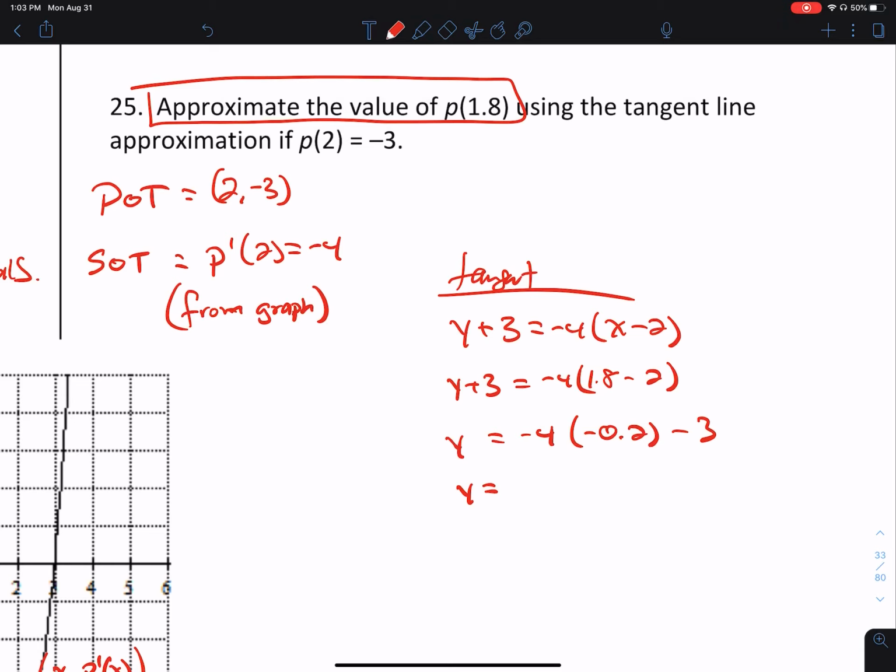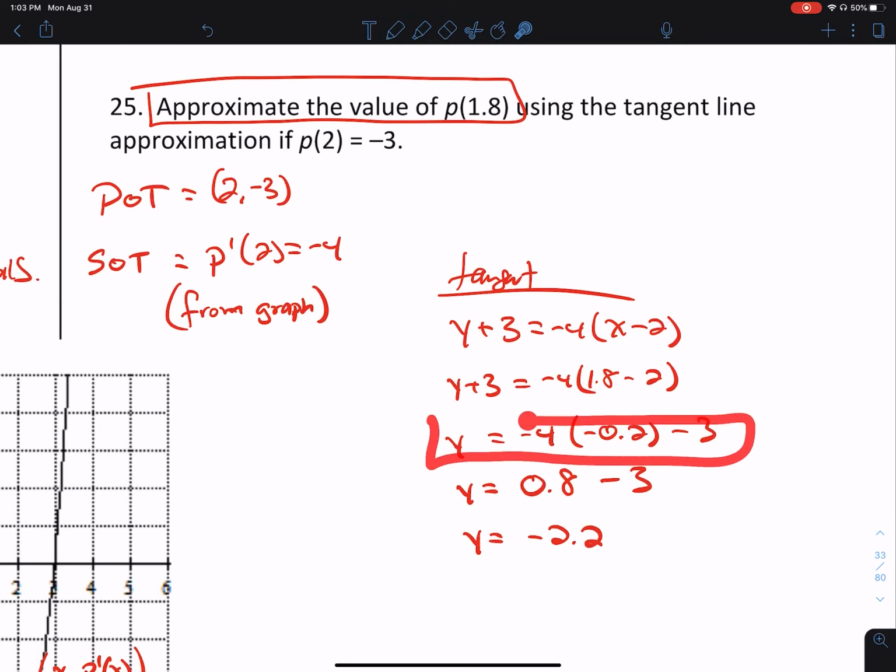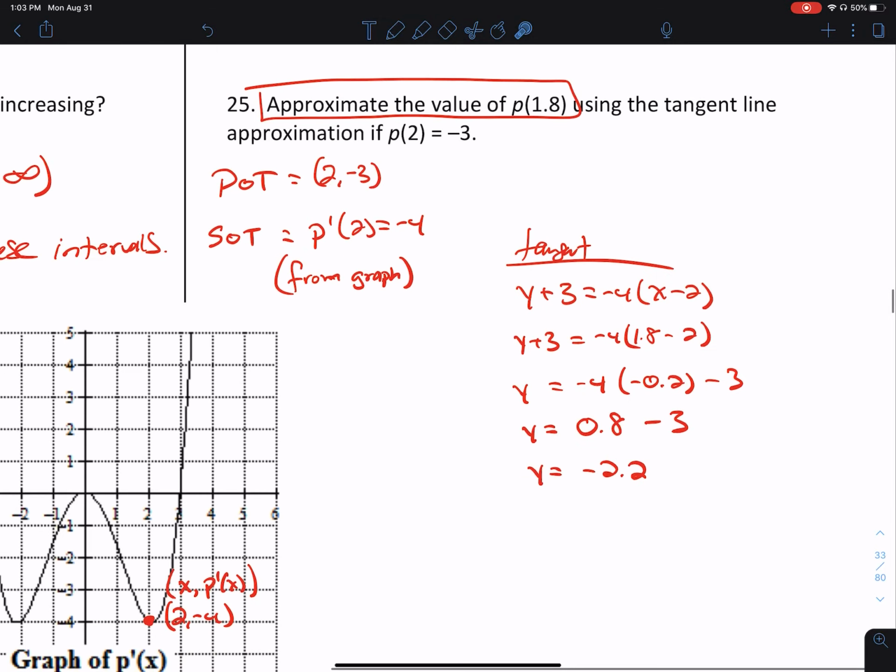2 times 4 is 8. There's a decimal here of a tenth, so it's going to be 0.8. A negative times a negative is a positive, so it's 0.8 minus 3, going to get negative 2.2. If you're thinking, I cannot do that in my head, and this is a non-calculator part, just use this for the answer, it's fine. We haven't officially answered the question.